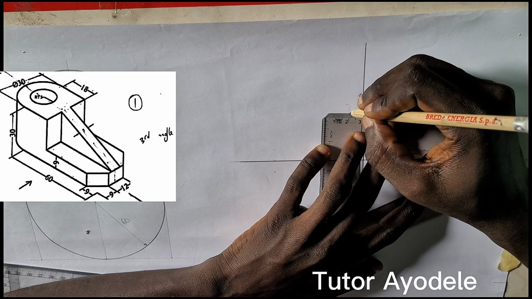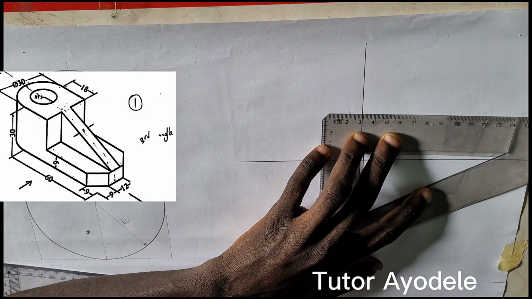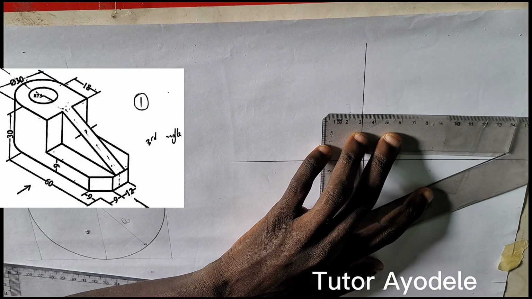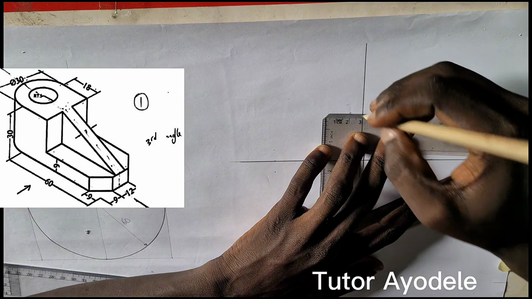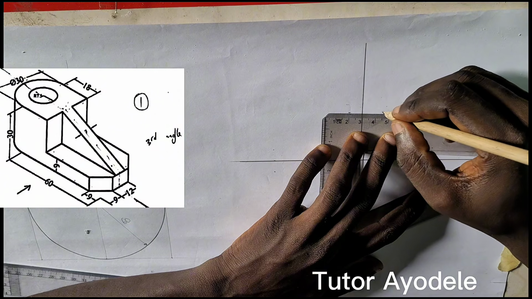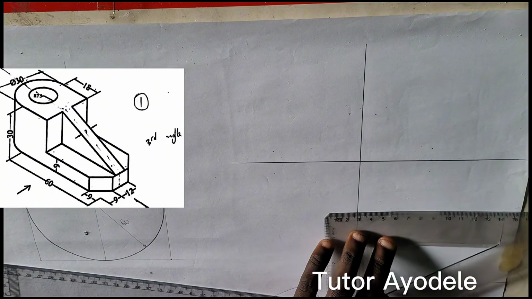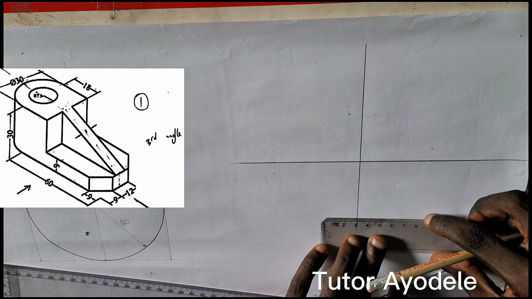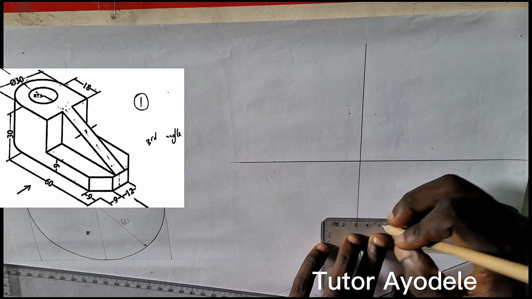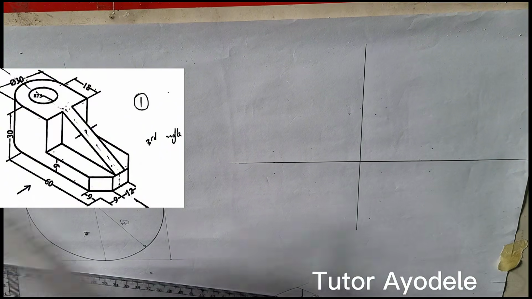From here to here is 10 millimeters. This is 10 millimeters, and this is also 10 millimeters. Let's do the same thing here. 10 millimeters, 10 millimeters. So we need to join them with a construction line.